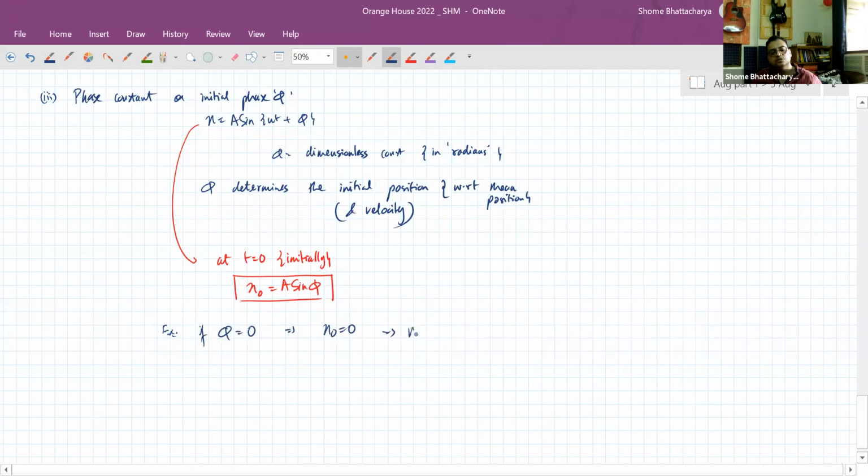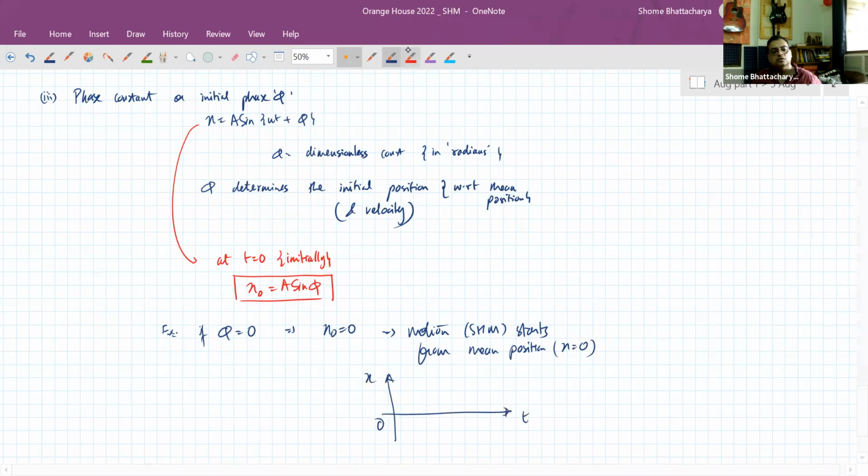That means the SHM starts from the mean position, that is x equal to 0. So the graph of x versus t will look like that. It reflects that the motion has been initiated in such a way that it started from the mean position.